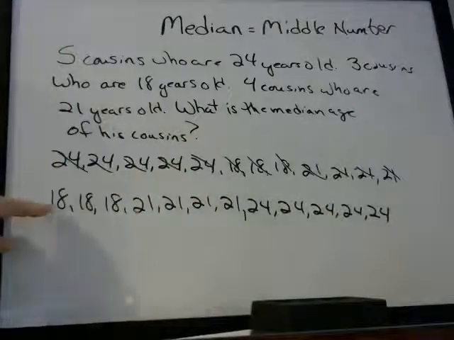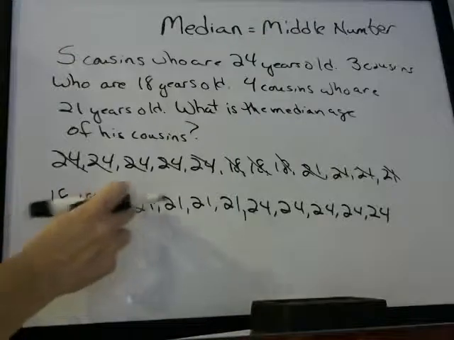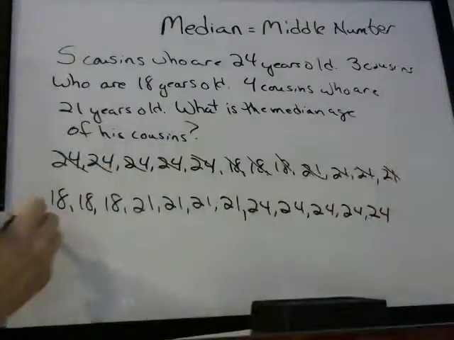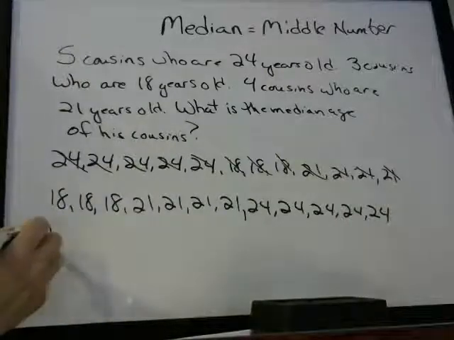So how many data elements do we have? 1, 2, 3, 4, 5, 6, 7, 8, 9, 10, 11, 12. There's 12 of them. So it's an even number.